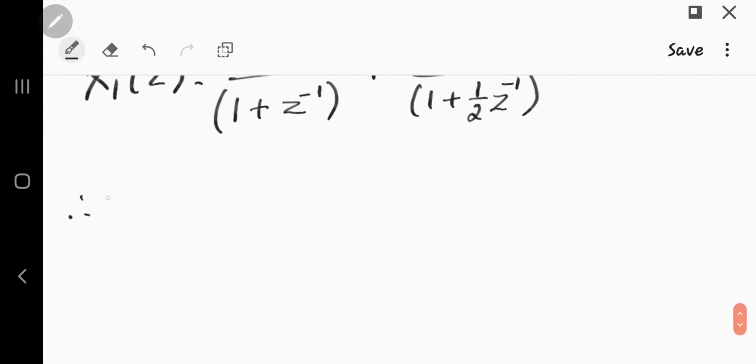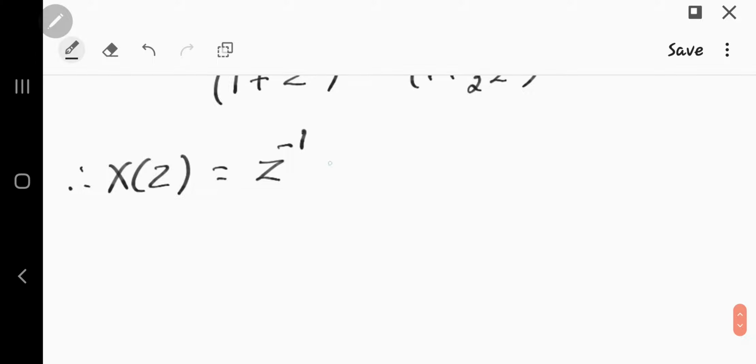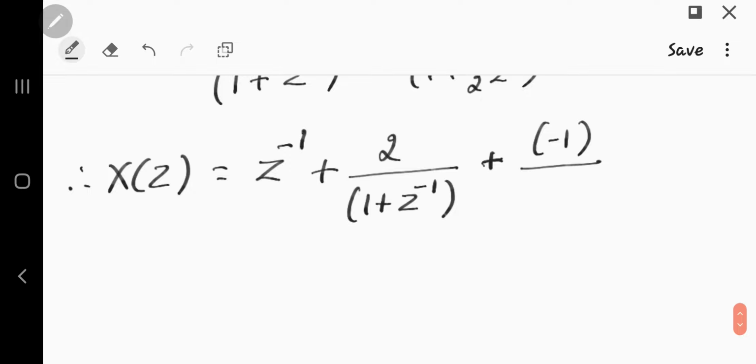So finally, writing this, x of z is equal to z inverse plus 2 divided by 1 plus z inverse plus minus 1 divided by 1 plus 1 by 2 z inverse. You could write the minus directly, but I want to keep k2 outside, that's why I'm writing the minus here.